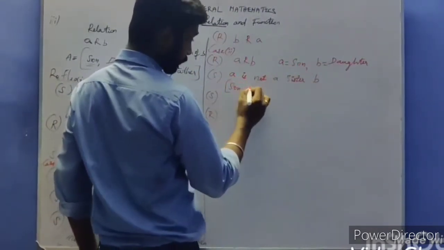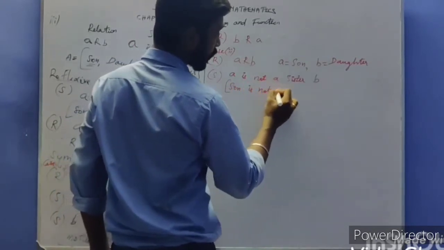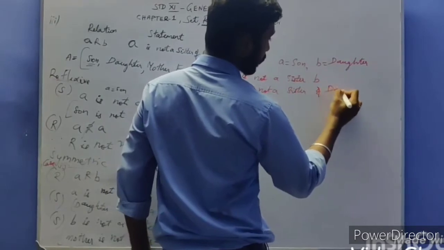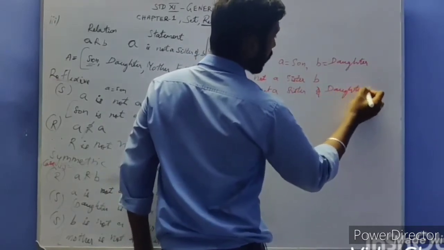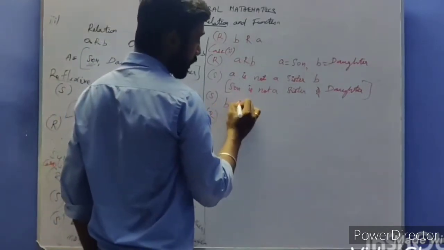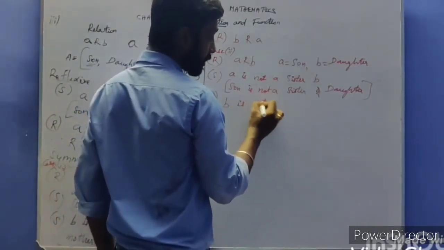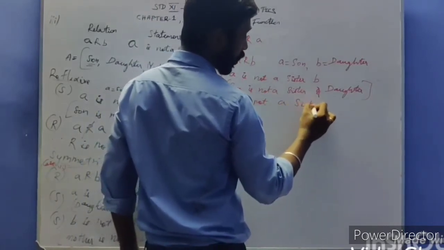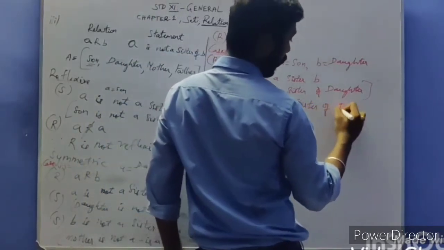Son is not a sister of daughter. The next statement, because it will be symmetric now, B is not a sister of A.